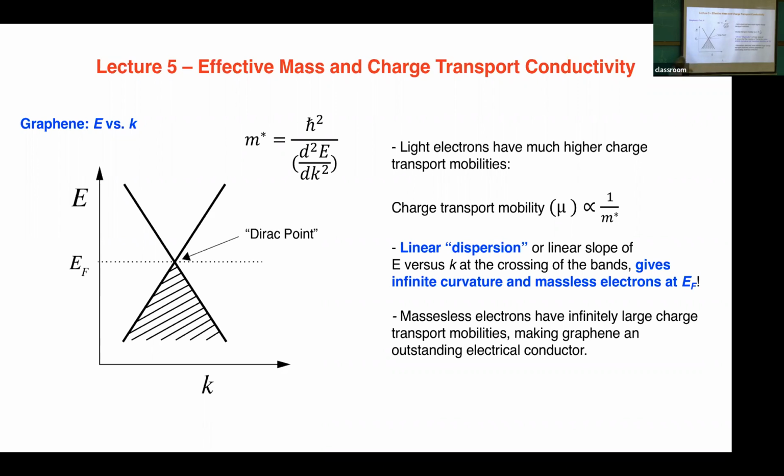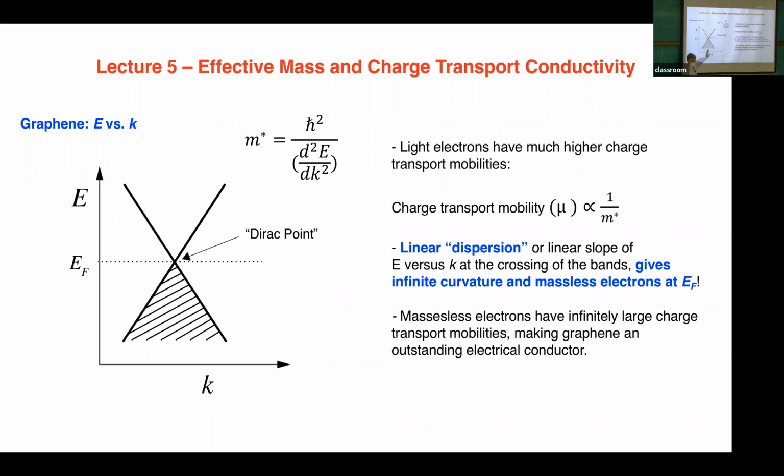A classic example of this is the E versus k diagram of graphene. You remember we talked about this K point where the two energy versus k lines cross. They cross right at the Fermi energy in graphene or in graphite. So you have the pi and the pi star orbital basis crossing.